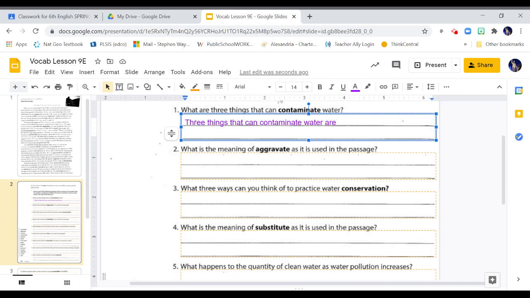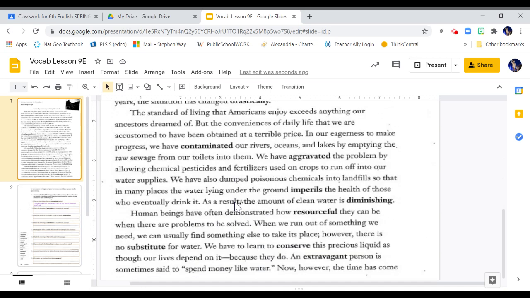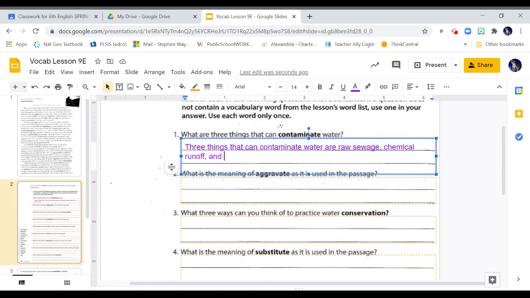So they are raw sewage, chemical runoff, and that third one? There was landfills. Great.